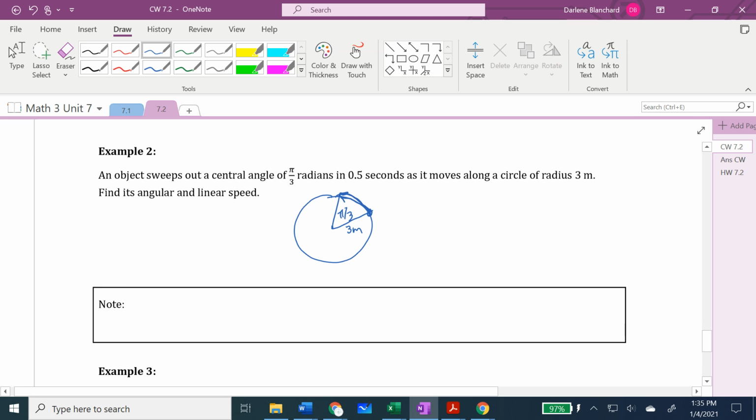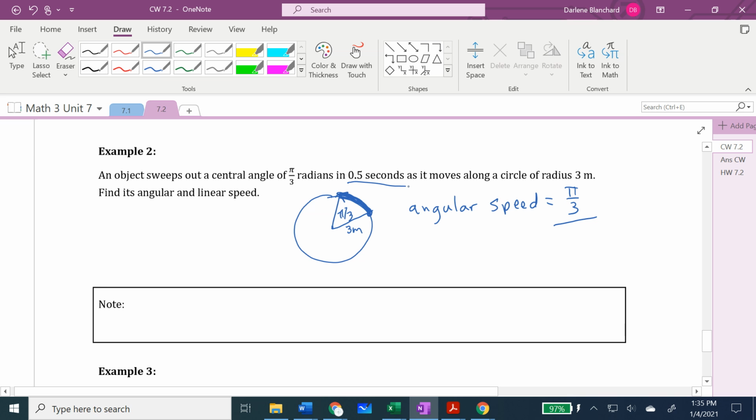You could look at the length of your arc divided by the amount of time, your angular speed. Actually, no, wait, I'm sorry. I said that wrong. Your angular speed is looking at how much did you turn and dividing that by how much time took place.